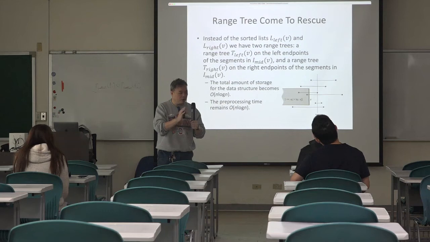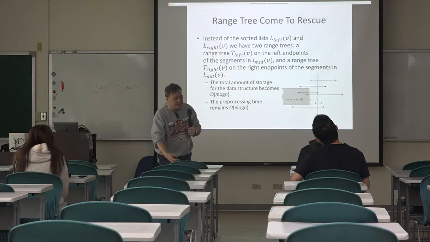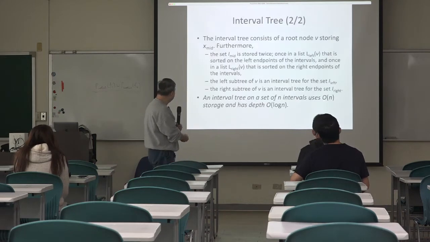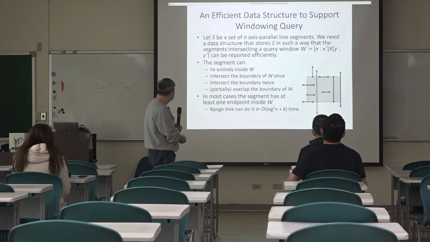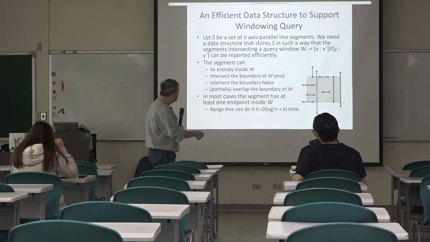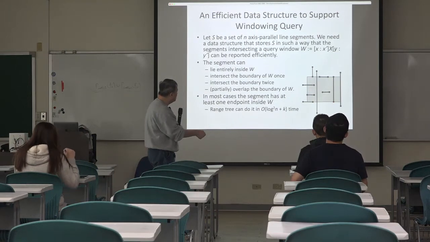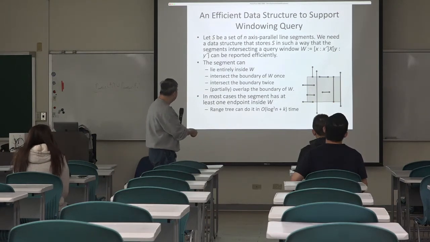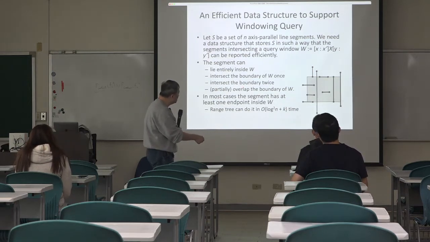The range tree will be used not only to solve the first two types, but also the part of the overlap boundary. Some of the endpoints will still be inside this query region, but for some of the boundary, the endpoint is not inside this range.